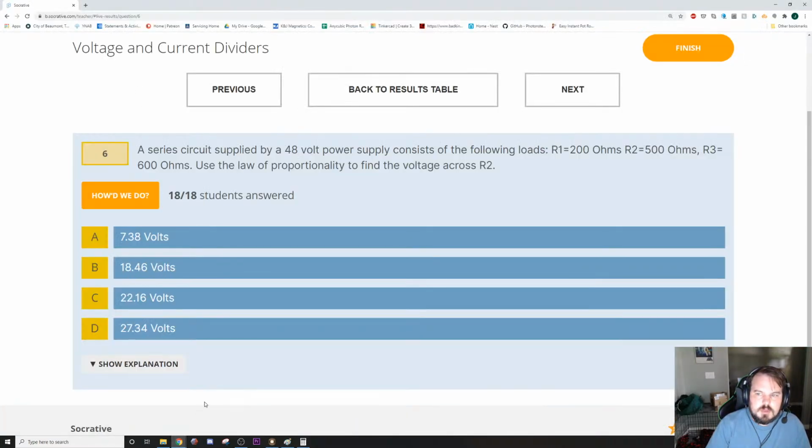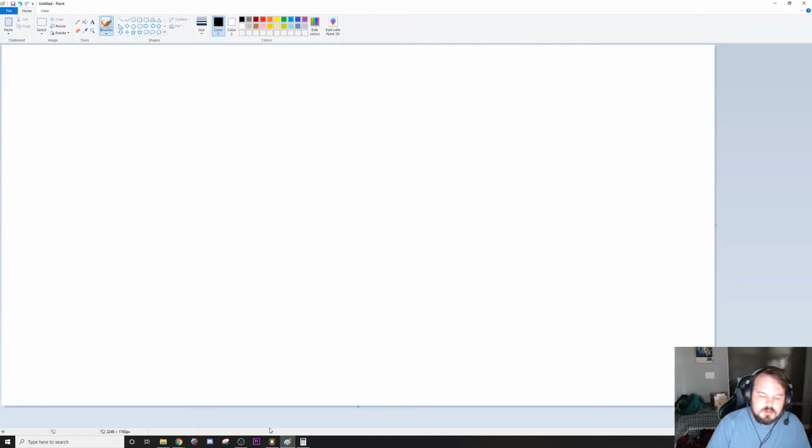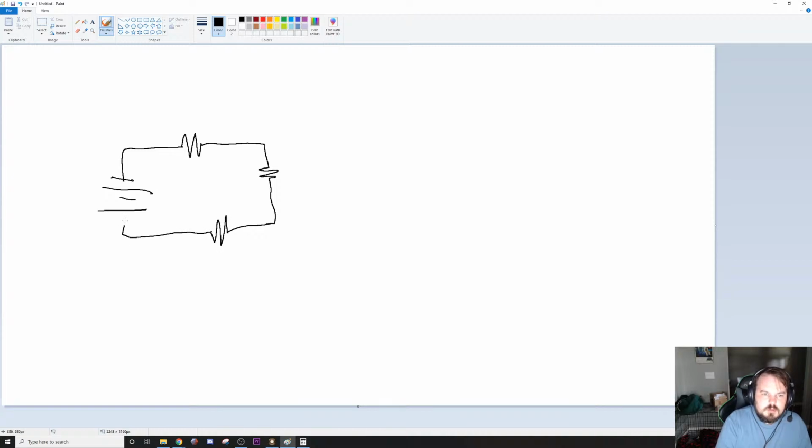R1, R2, R3. Alright. We have 200 ohms, 500 ohms, and 600 ohms.